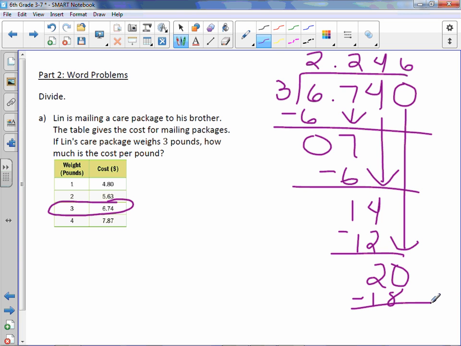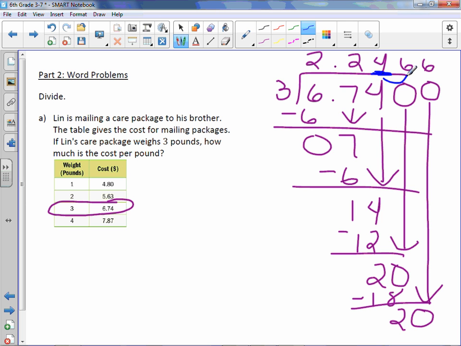Minus 18 is 2. And if I keep bringing down zeros here, this digit's going to repeat. I'll do one more. Bring down a 0. 3 goes in 6 times, etc. However, we are talking about money, and money goes to the second or hundredths place.